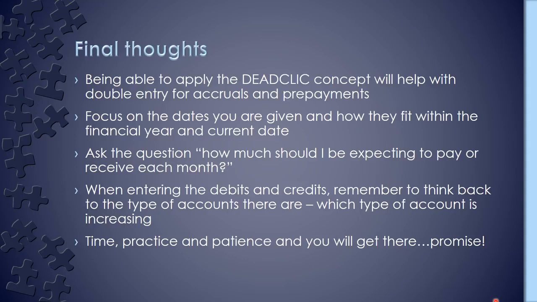Again, just recapping, when entering the debits and credits, think back to the type of account. What type of account is increasing, and then apply the dead click. If your expense account is increasing, it's a debit. If your income account is increasing, it's a credit.